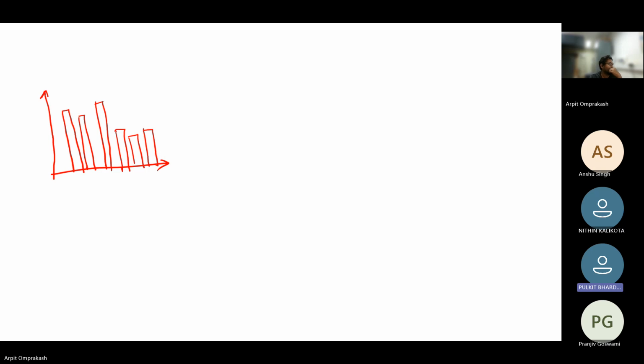In this bar graph, if we mention 1, 2, 3, 4, 5, 6 for each bar, and if you take an example where 1 and 2 are very closely related.